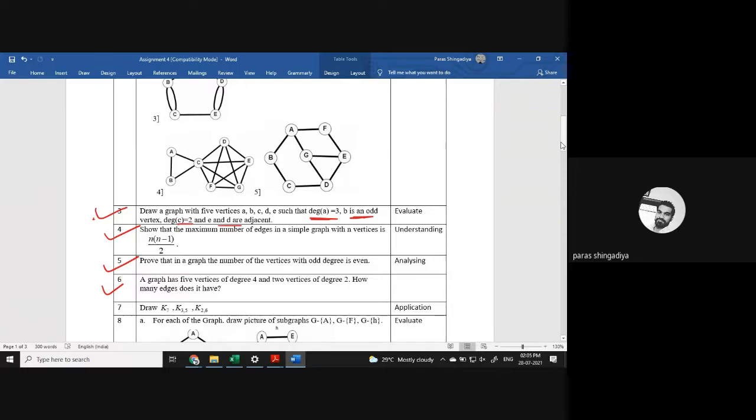Which theorem can we apply to derive the answer? What do you have to find? The number of edges. So by using which formula can we check the number of edges?